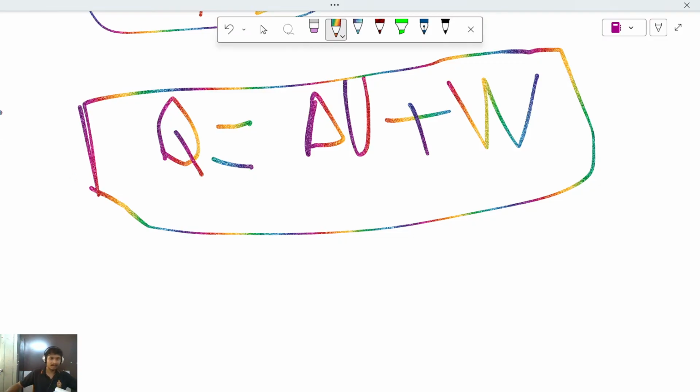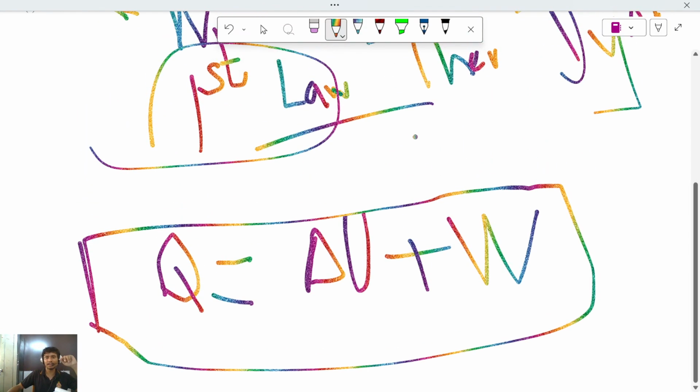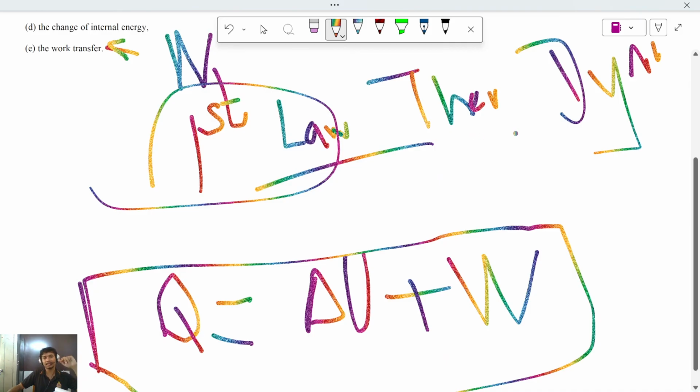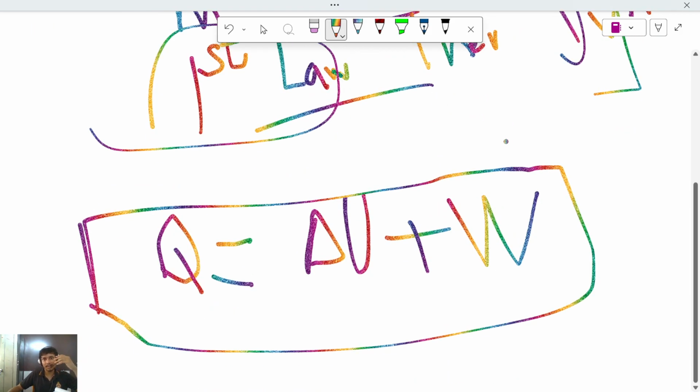Now we are discussing the first law of thermodynamics. That is Q is equal to delta U plus W. The first law of thermodynamics is that energy can't be created or destroyed.